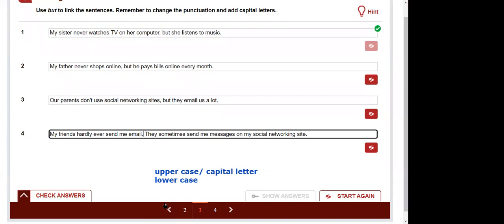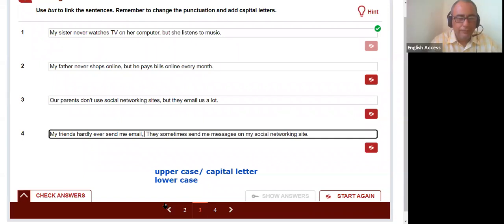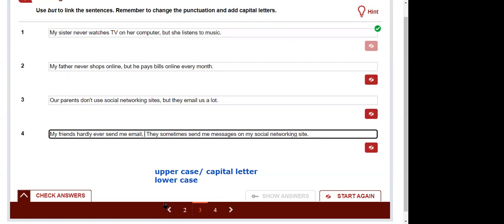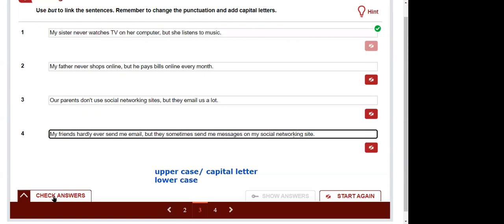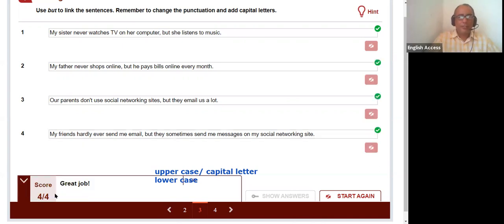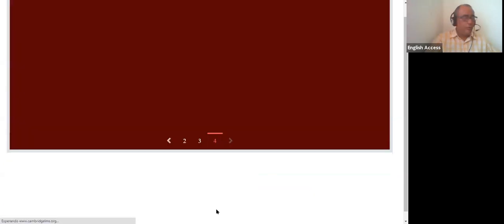Comma, exactly. But they sometimes, but, lowercase, exactly. Very good. And the rest of the center, let's check ideas. The information is correct.